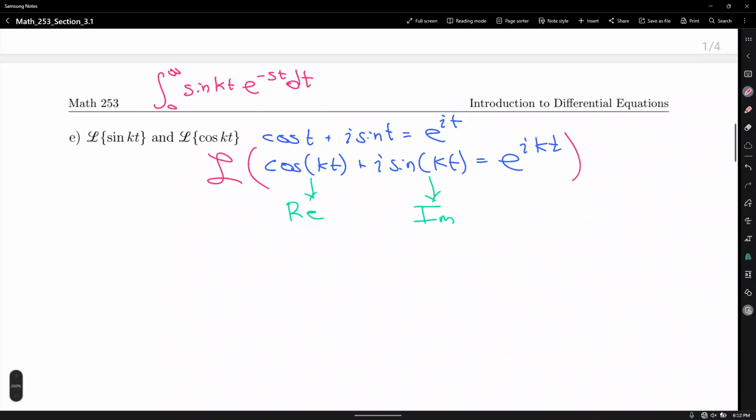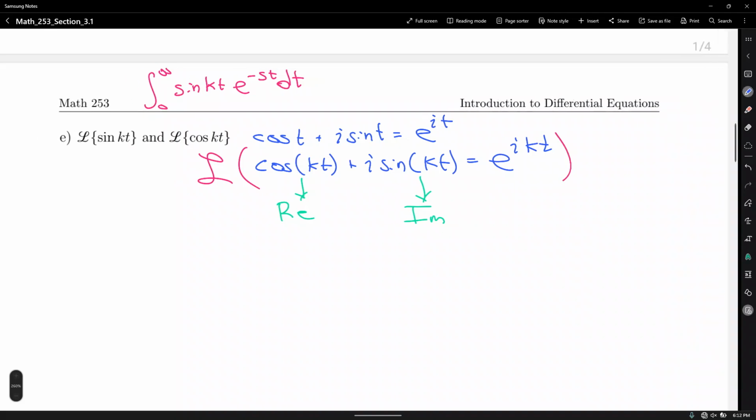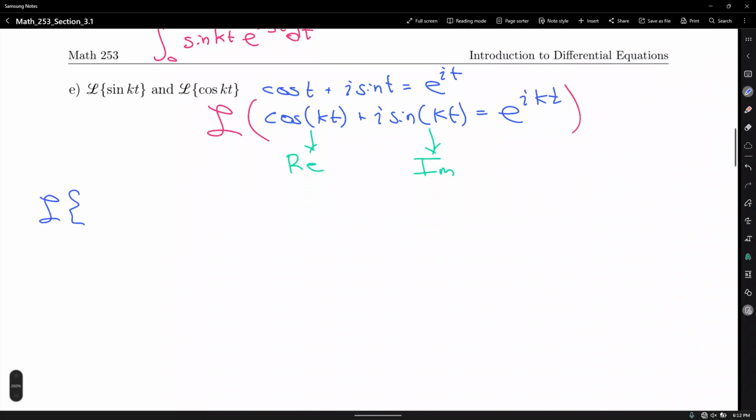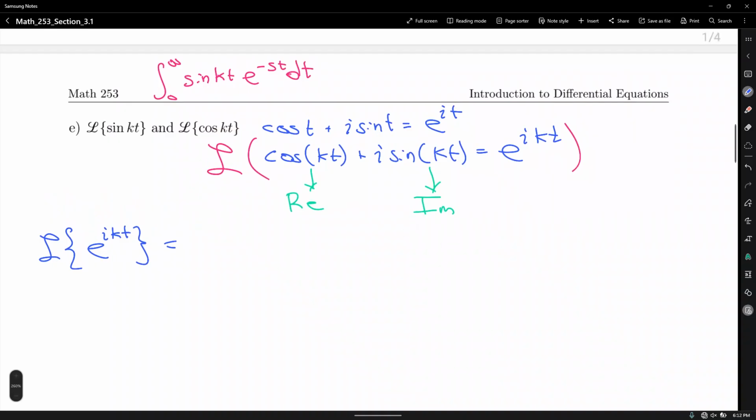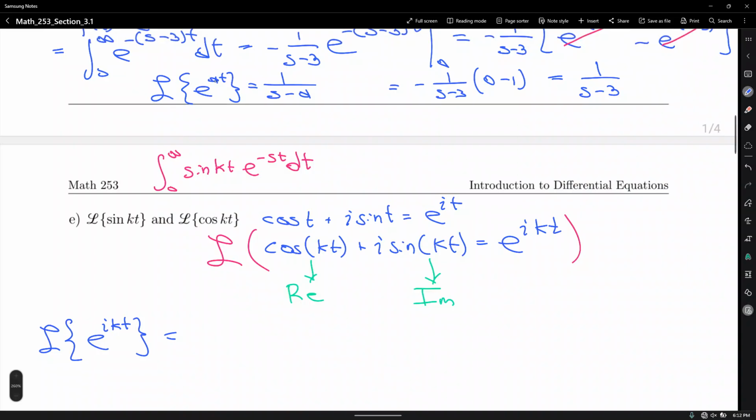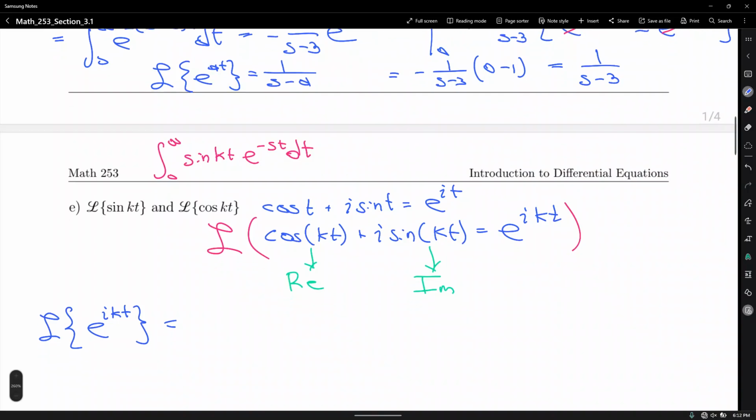But instead, I'm going to take the Laplace transform of e to the ikt. I'm not even going to set the integral. I'm going to use the formula from before, the Laplace transform of e to the at equals 1 over s minus a, which is 1 over s minus ik. And that's the Laplace transform of sine and cosine combined.